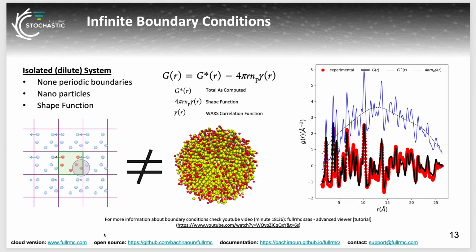All right, so far we've been talking about a system and trying to simulate the infinite of a system in what is called periodic boundary conditions. So we are simulating the continuum of a system. But what would happen if, and this is a real scenario, we are measuring the isolated state of the system.